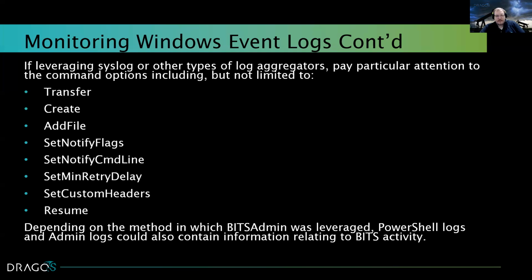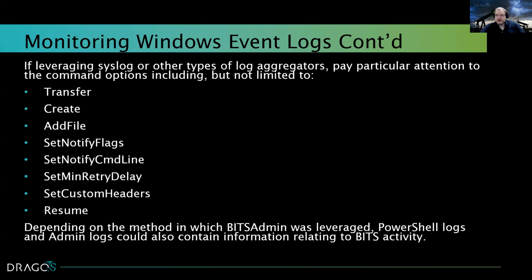And the set notify, the set minimum retry, set custom headers, all those are defense evasion techniques. So if you've got community rules, Snort, anything like that, that's looking for common headers found in IOCs, attackers can pass that set custom header to evade that defense mechanism. And resume, like I had mentioned, no user should be going in manually doing these jobs.